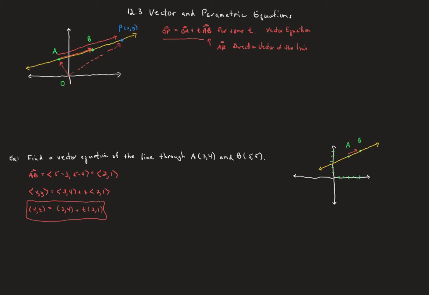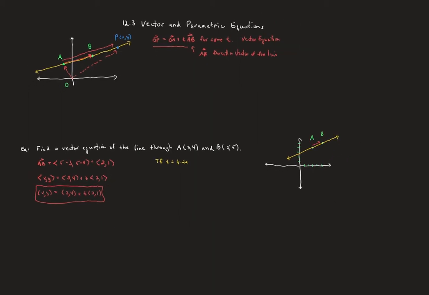So if we imagine now that if t is equal to time, then the line shows the position of a particle at time t.